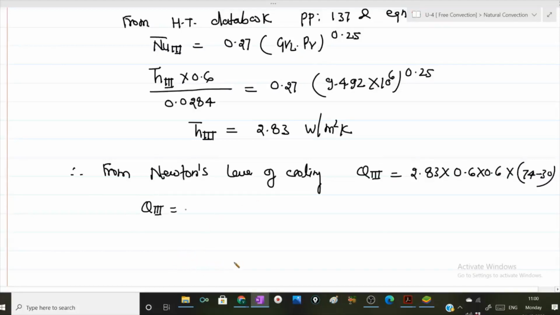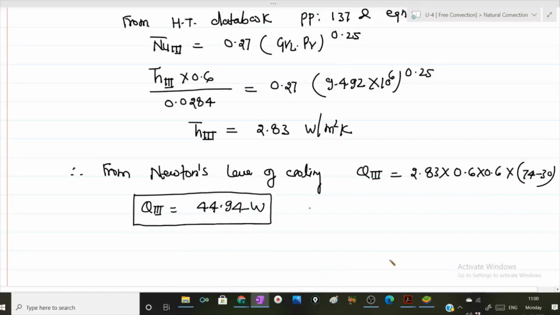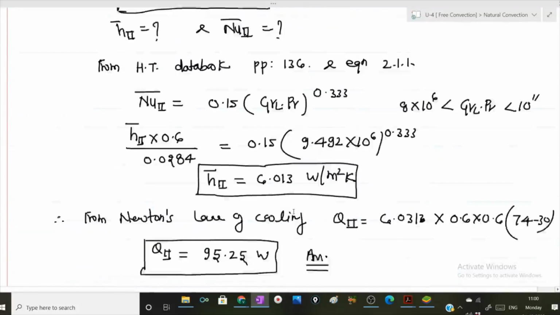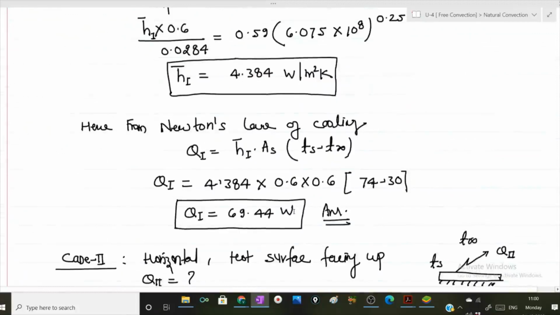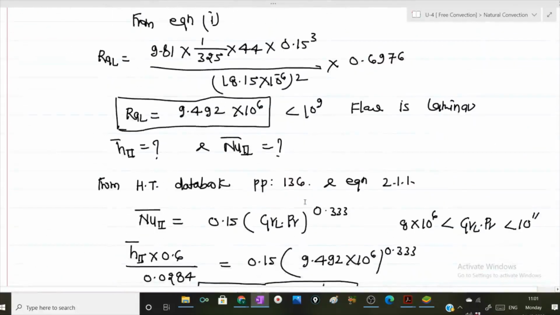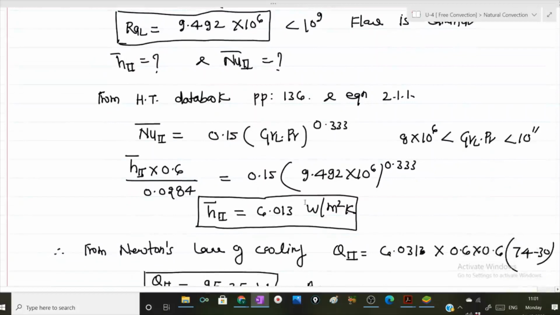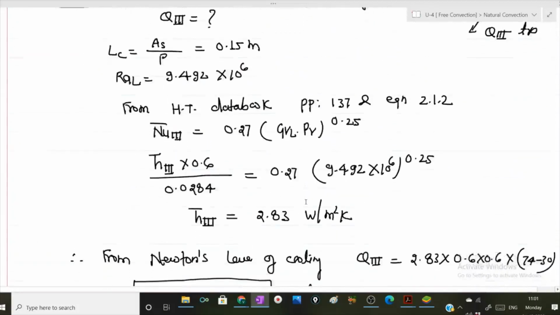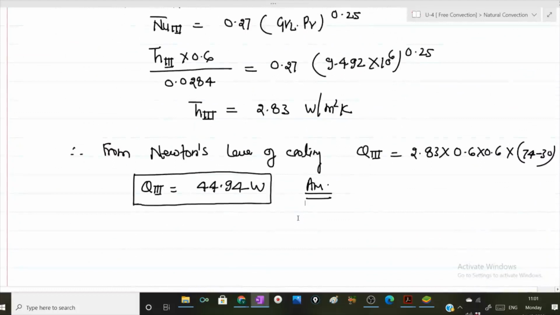So from here the heat transfer rate comes out 44.94 watt. This will be the answer. So we could calculate Q1 69.44, Q2 95.25 and Q3 44.94.